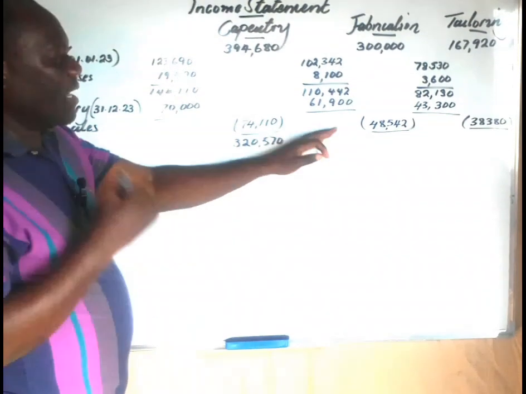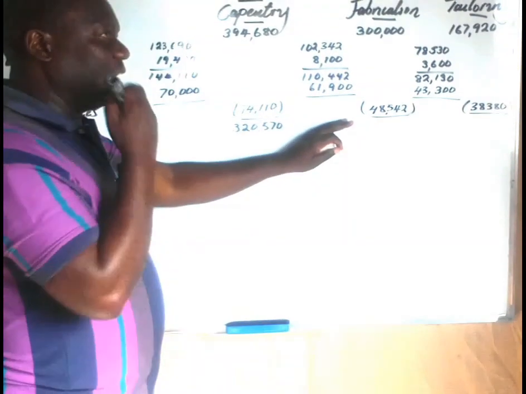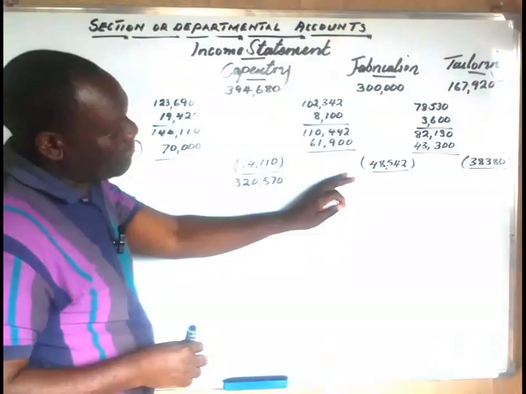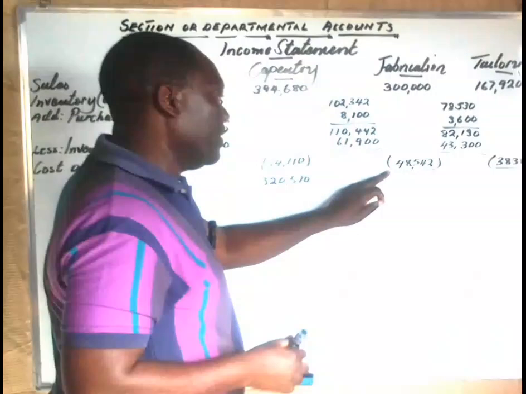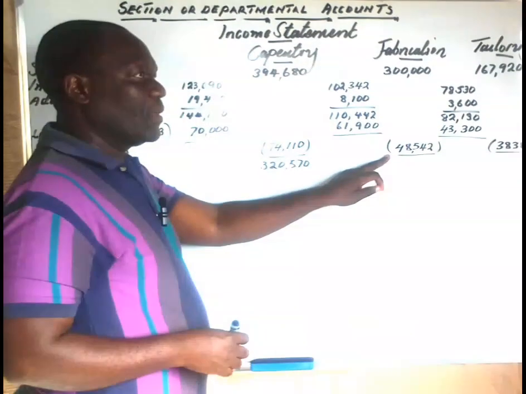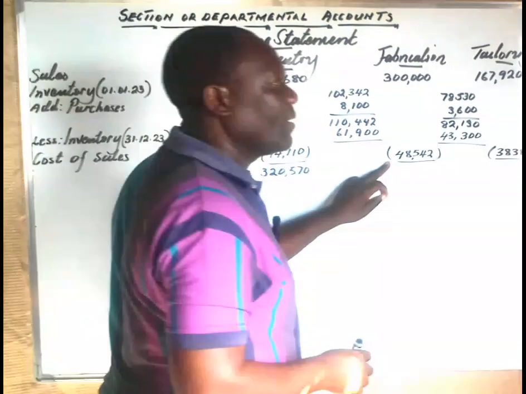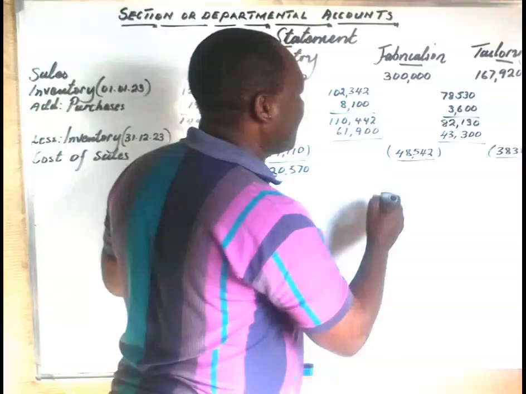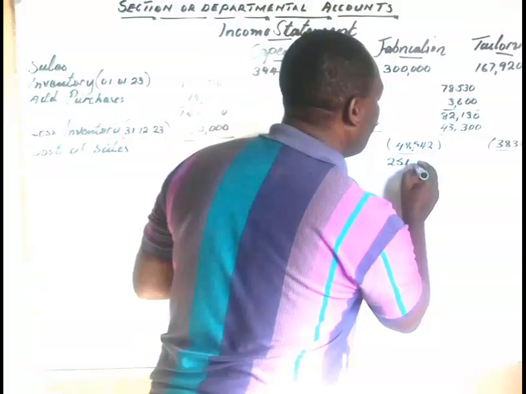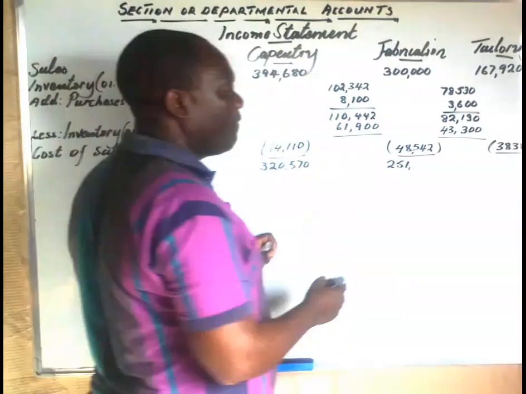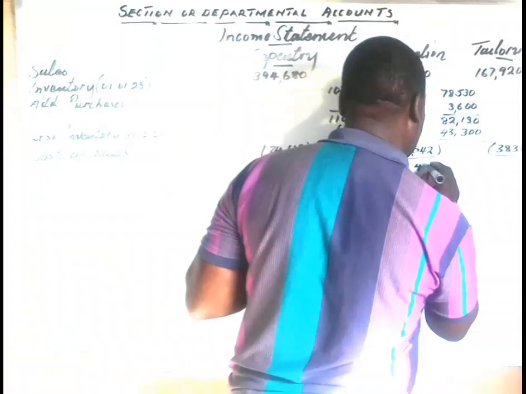Let us subtract for metal fabrication. 300,000 minus 48,542. I am getting 251,458.